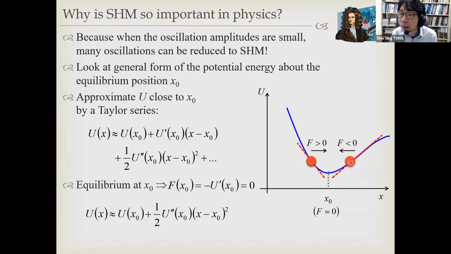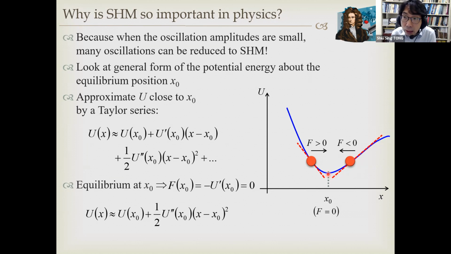Now you see the slope dU/dx is positive, but you have a minus sign. Minus dU/dx is the force, so the force will become negative, and that will tend to move the particle back to this equilibrium position. So you disturb it to the right, and the force moves it back.